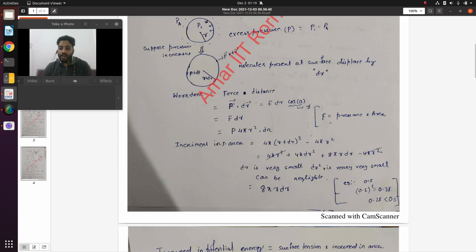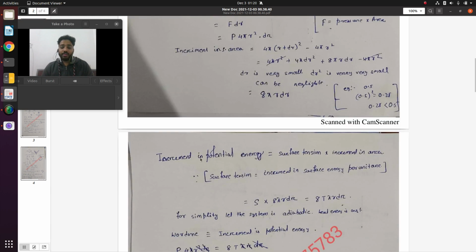So we can neglect this dr square term. So the increment in surface area becomes 8 pi r dr when the liquid drop expands to a larger liquid drop due to the increase in excess pressure.